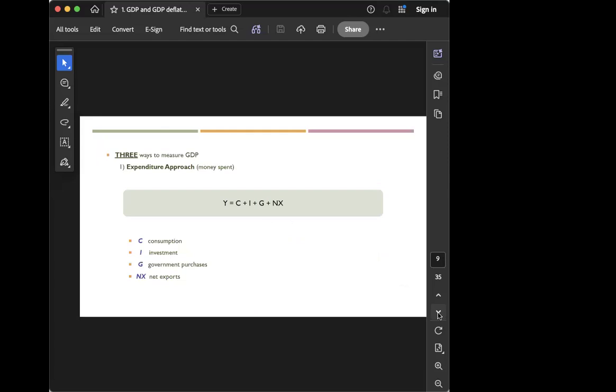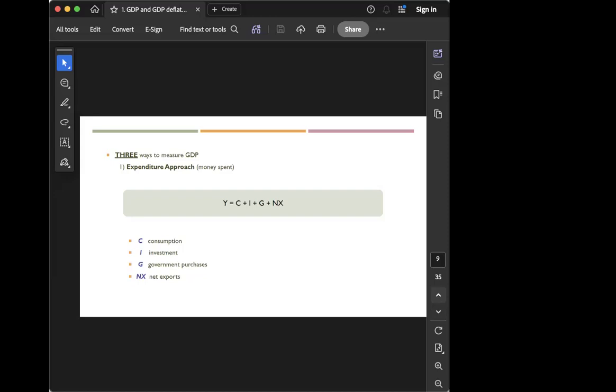Now we're going to look into the three ways one by one. First, we're going to focus on the expenditure approach. The expenditure approach measures GDP by adding up spending on final goods and services. And here is the formula: Y equals C plus I plus G plus NX.